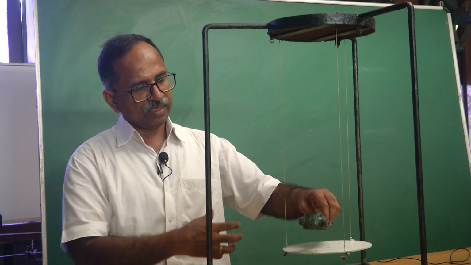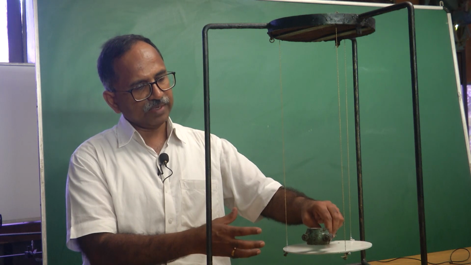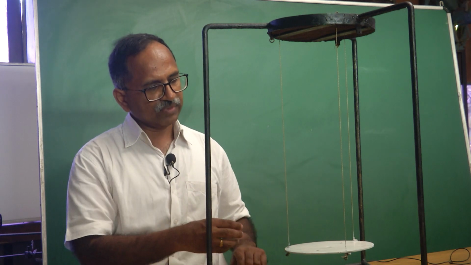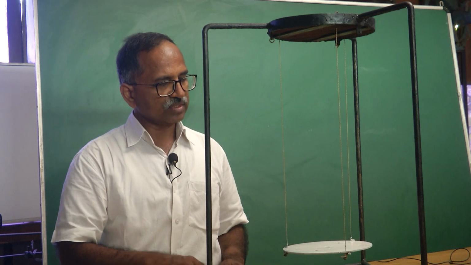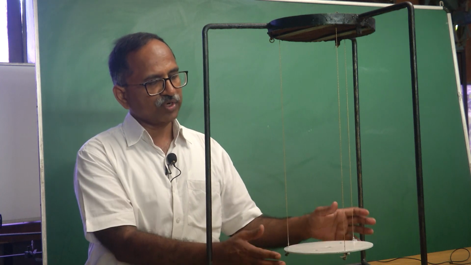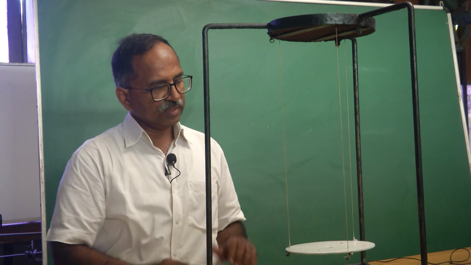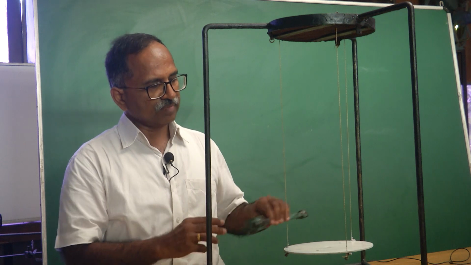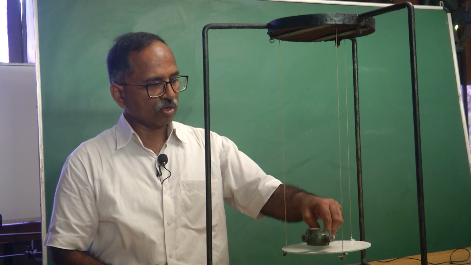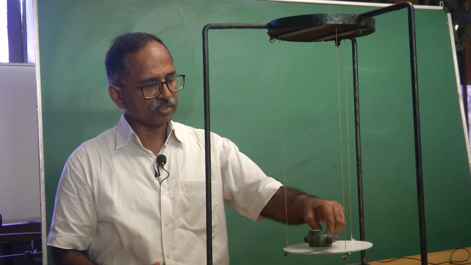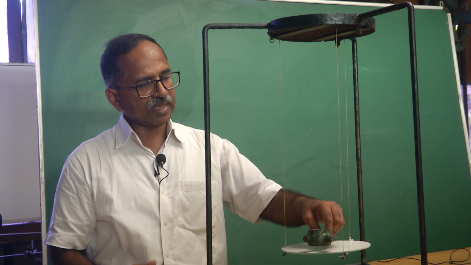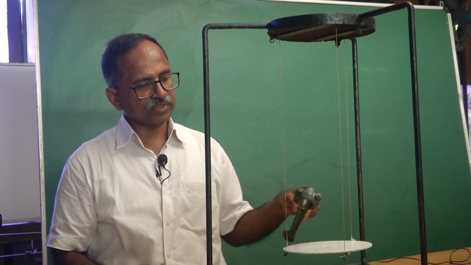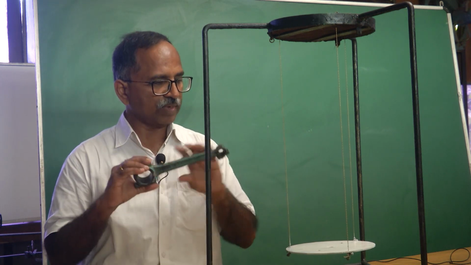Now, I will get one reading by placing this onto the plate and another reading I can get without the body in place. So, what I will have from the first data or first measurement is the mass moment of inertia of only the plate, whereas by putting the unknown body, the body whose mass moment of inertia is to be obtained, I will get another period of oscillation of this trifilar pendulum, and that will give me the total mass moment of inertia of this body plus the plate.